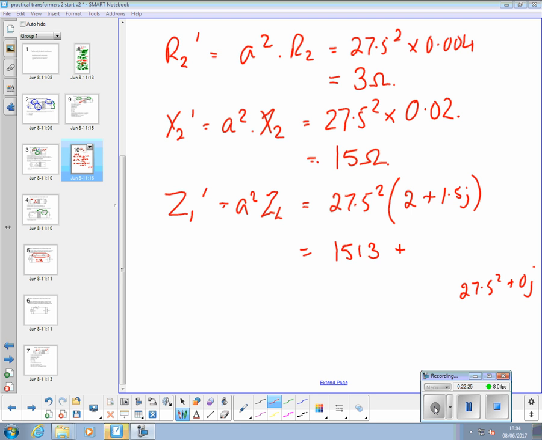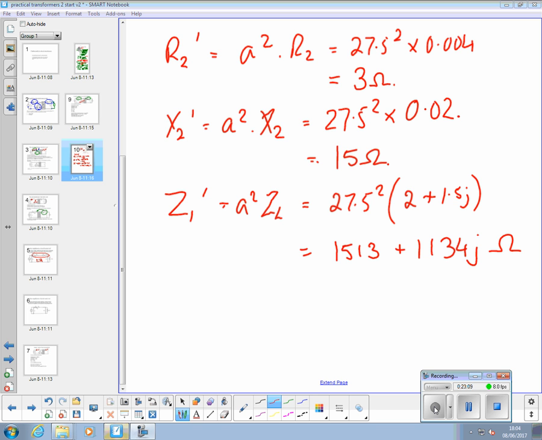And then when we multiply the two together, we can ignore that fact, just multiply everything outside the brackets by what's inside the brackets. So we do 1.5 times 27.5 squared. 1513, 1134J. And that's ohms. Okay.